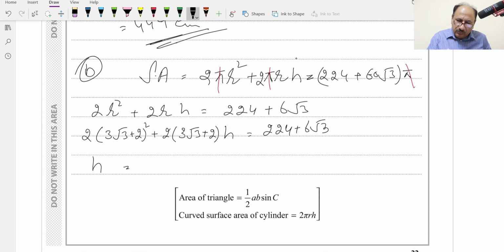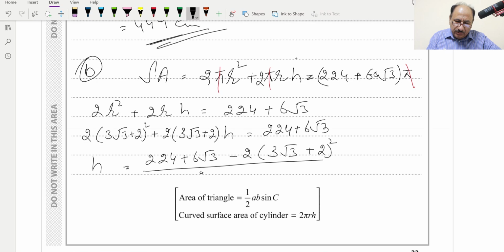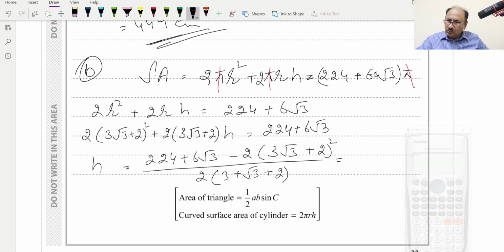So h will be equal to what? 224 plus 60 under root 3, and minus this, we can send this one to the other side. So this will be minus 2 into (3 under root 3 plus 2) whole squared, and this will be divided by 2 into (3 under root 3 plus 2). And we have to use a calculator to solve this.